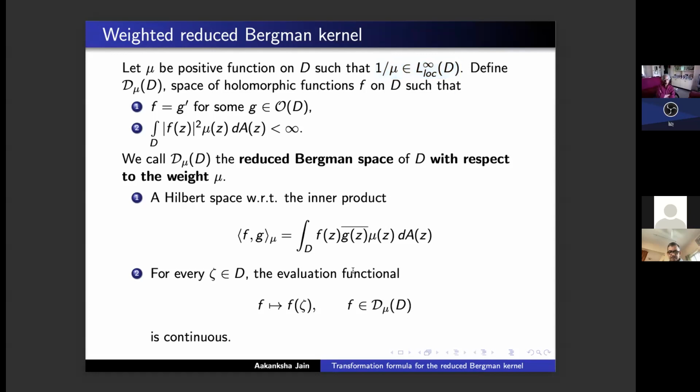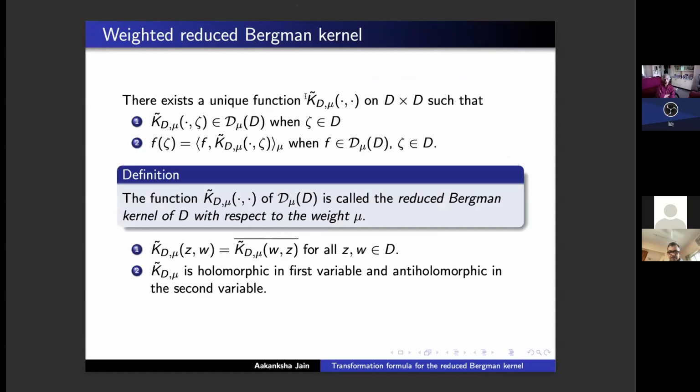Okay, so coming back to the weighted reduced Bergman space. Now again it follows from the Riesz representation theorem. So we have a unique function k tilde D mu on D cross D, such that if I fix the second variable, it is an element of the weighted reduced Bergman space of D, and f of zeta equals the inner product of f with k tilde D mu of dot comma zeta, for every f in the weighted reduced Bergman space of D and zeta in D. This function k tilde D mu is called the reduced Bergman kernel of D with respect to the weight mu.